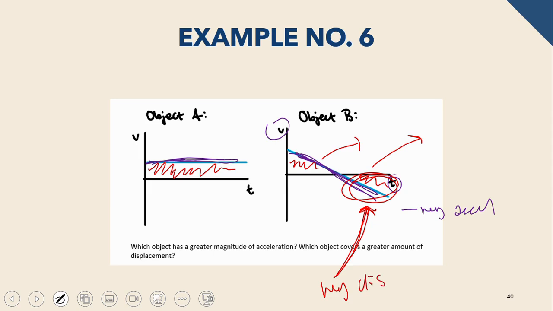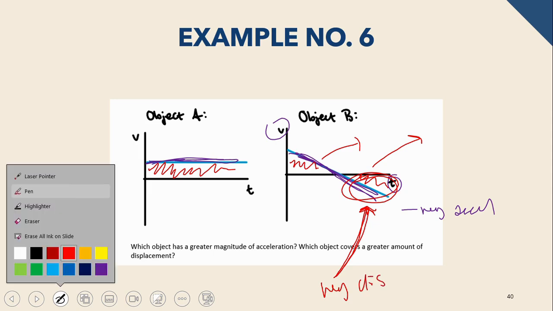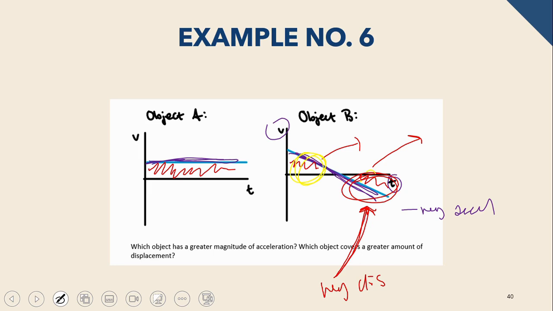Not positive, negative. So because these two sections look pretty equal, if not the same in size, object B's displacement is going to be close to 0 or 0, whereas object A's displacement is going to be some positive number that's greater than 0. So object A covers a greater amount of displacement than object B does.